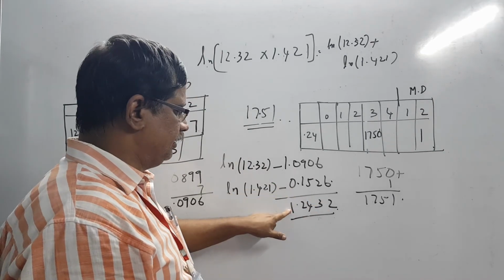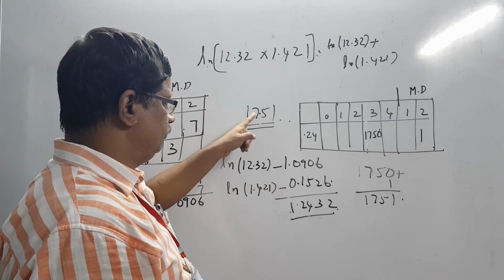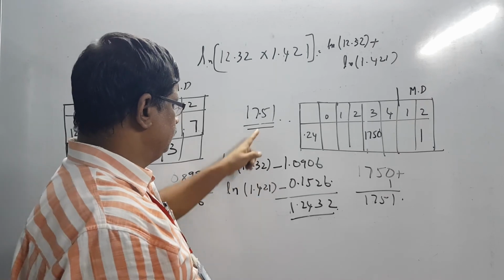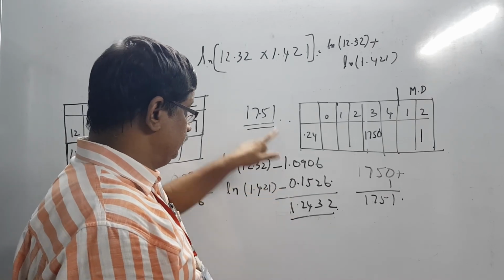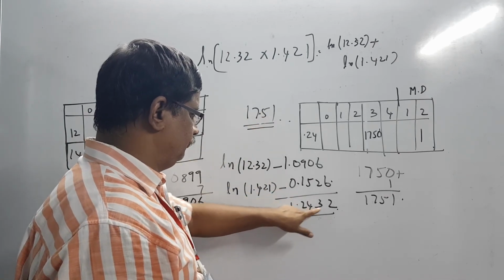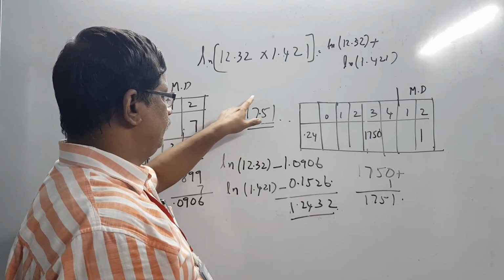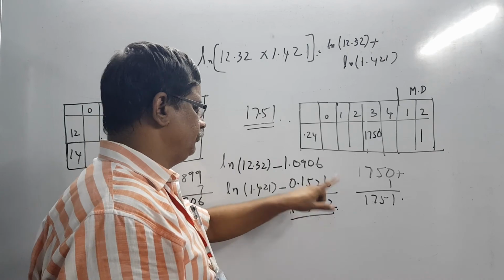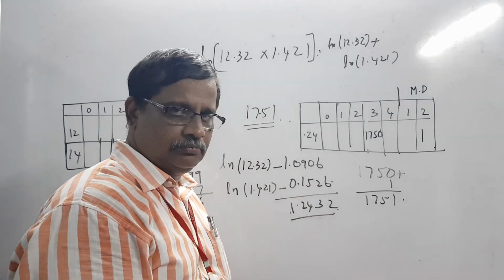If 1 is the characteristic, there should be 2 digits before the decimal in the original number. This is the anti-logarithm of 1.2432, or 17.51 must have a logarithm which is 1.2432. Clear? Okay.